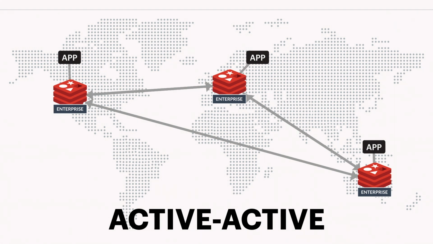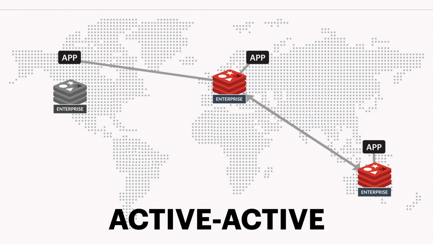Another great aspect of active-active geo-replication is that it delivers high availability. If you think of our replicas here, what we have are instantly accessible, constantly synchronized copies of your data. If any replica ever goes down, your application can immediately switch to another one and keep working.